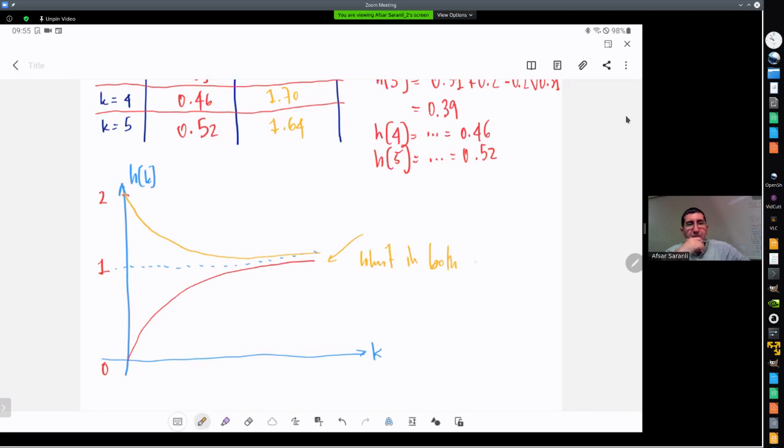So the height of the liquid in the tank, independent of where you start initially, if you have a constant input, will essentially approach a limiting value, which in this case is 1.